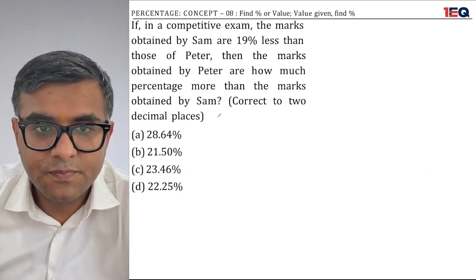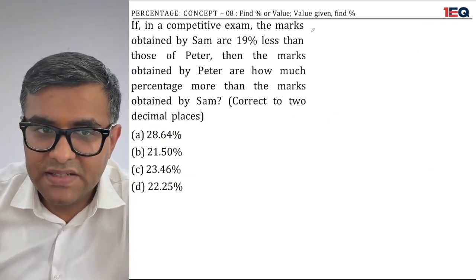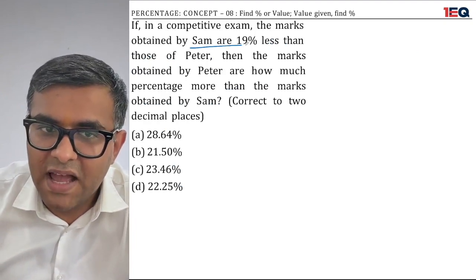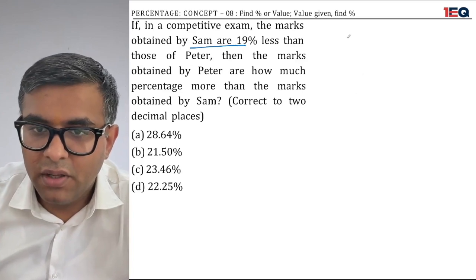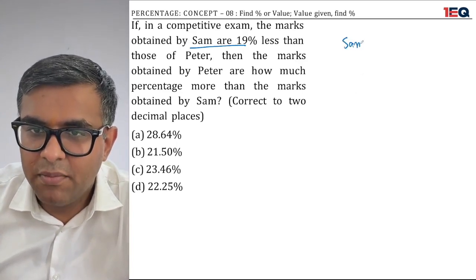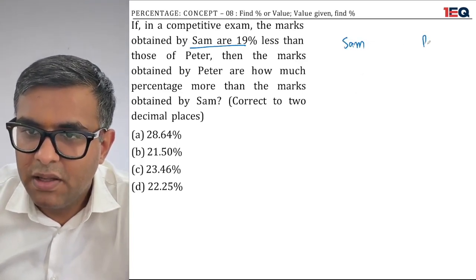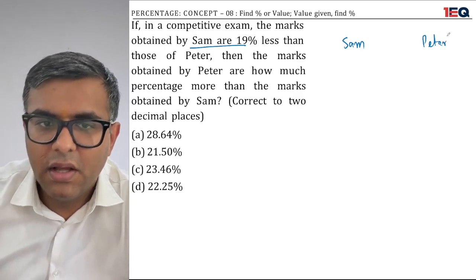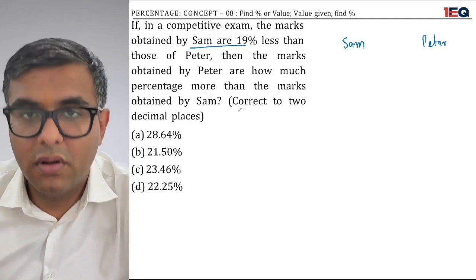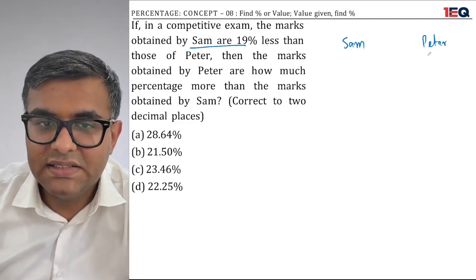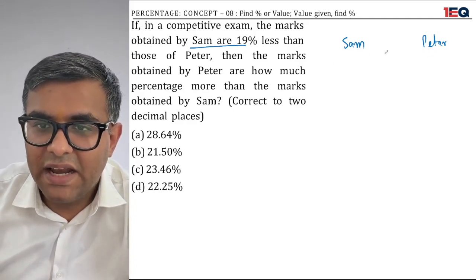Moving on, if in a competitive examination the marks obtained by Sam are 19% less than those of Peter, I'll write Sam here and Peter here. Then the marks obtained by Peter are how much more than the marks obtained by Sam? Sam is 19% less.